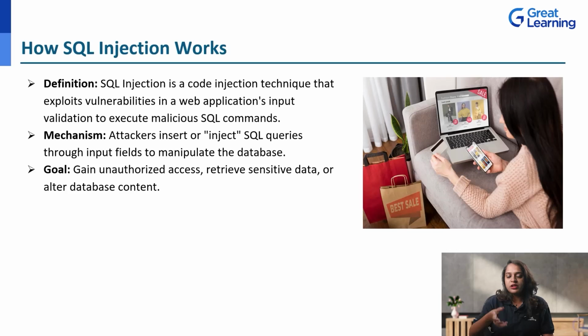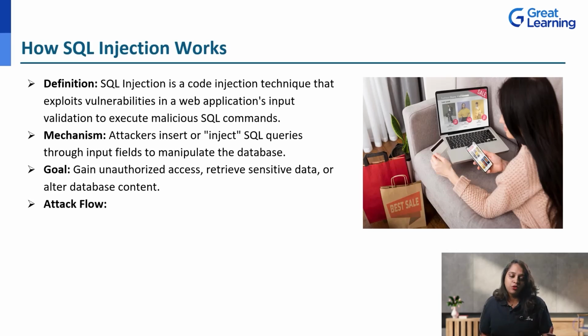I want to retrieve some sensitive data stored in your database, or I can also alter some data. Suppose I am a hacker or some unauthorized person who wants to change a patient's name in your database. I will log into your database using these kinds of malicious codes and change the name there. So all this can happen, right? That is the main goal or intention of SQL injection.